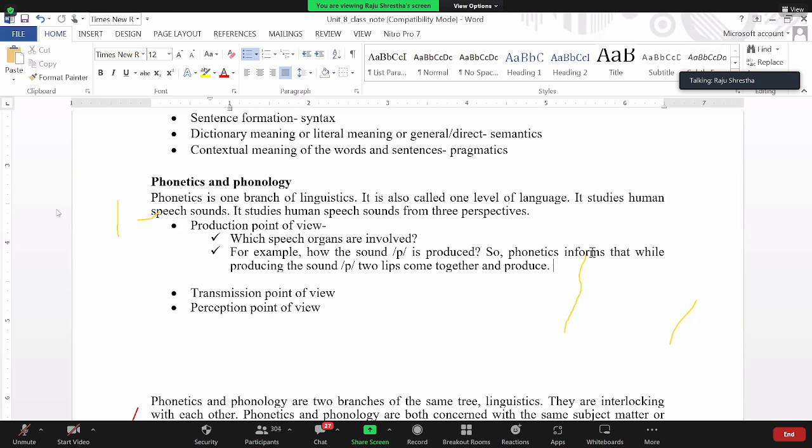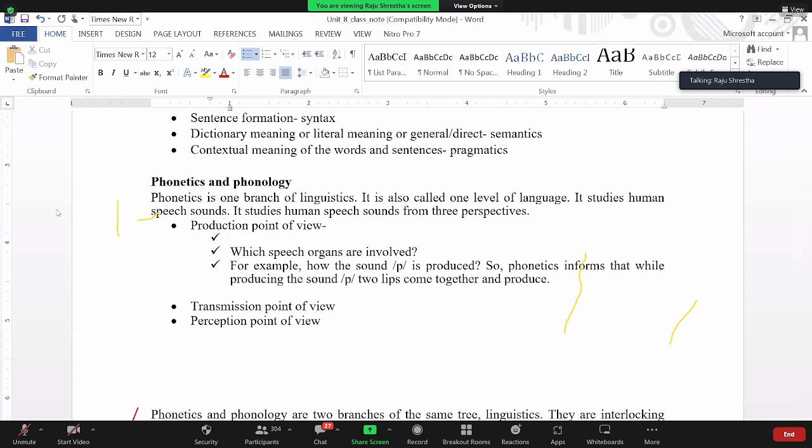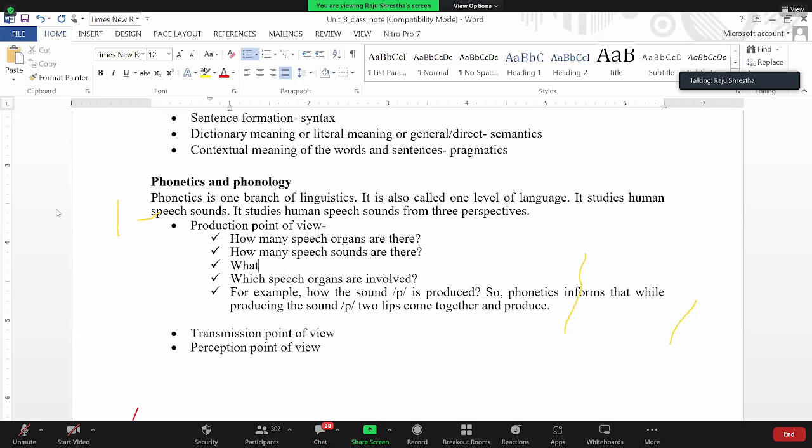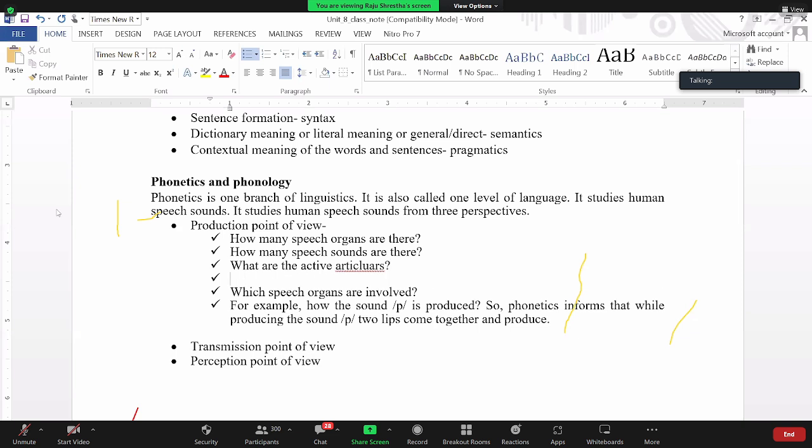How many speech organs are there, and how many speech sounds are there, and which are the organs of speech? All this is the work of phonetics.